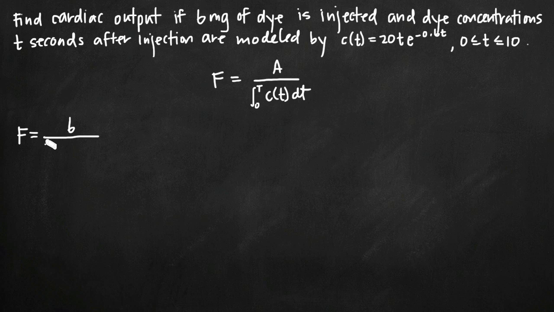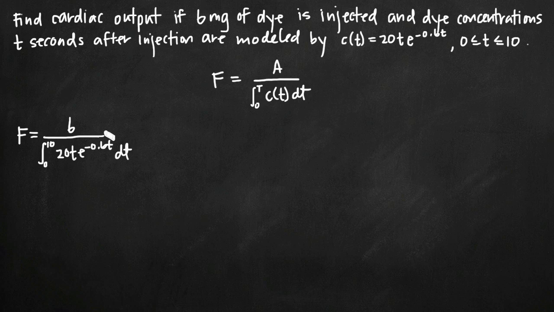The integral will always be from 0, the time of injection, to time t, which is the time at which we stop measuring. And in our case, that's 10 here. So we'll put 10 in, and then we'll plug in our equation for the function C of t. So we'll get 20 t e to the negative 0.6 t dt.